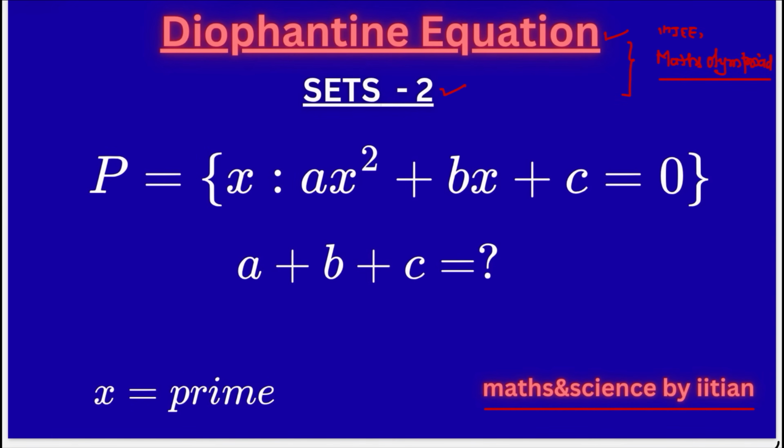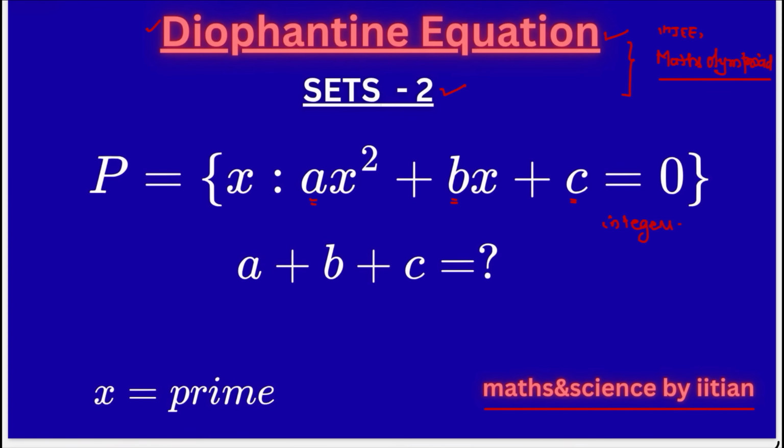Here, in this example, a Diophantine equation is nothing but an equation, a quadratic equation or a polynomial equation or a linear equation, in which the coefficients a, b, c are integers, except that we need not worry about the process of solving the equations.